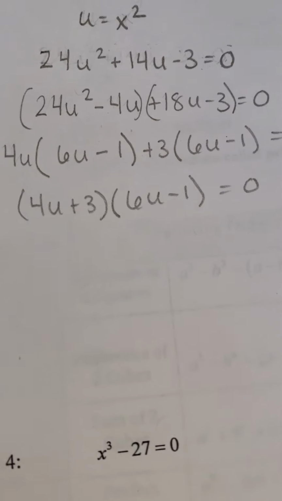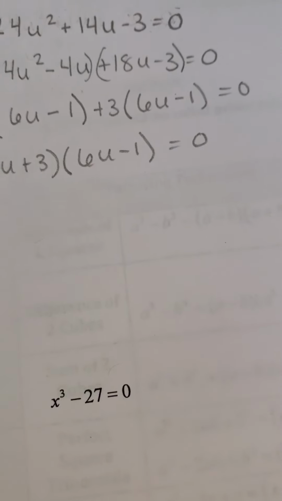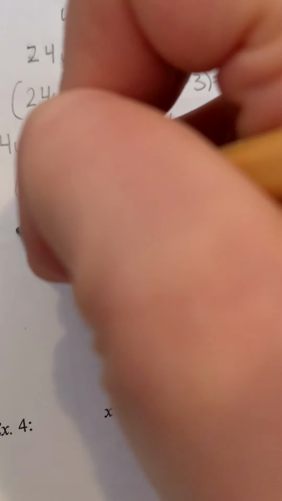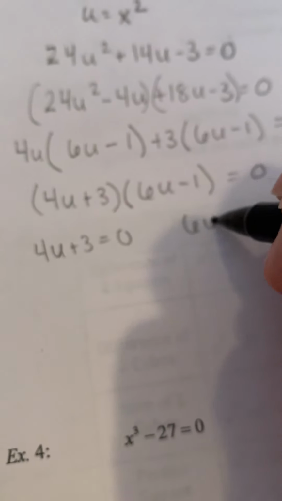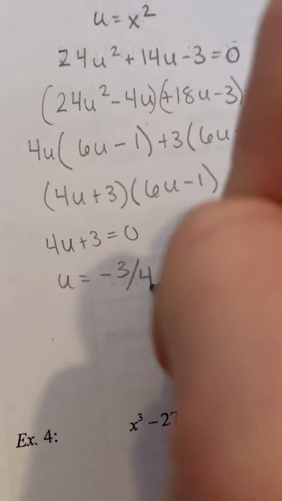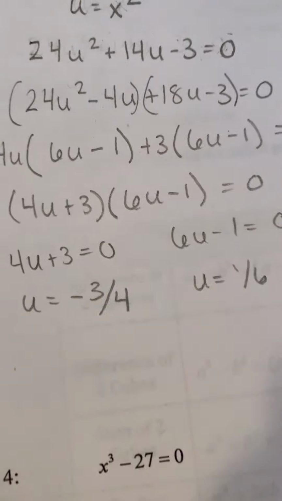And if I continue on with that, we will now set each one to 0 to solve. This would give me u equals negative 3/4. And this one will give me u equals 1/6.